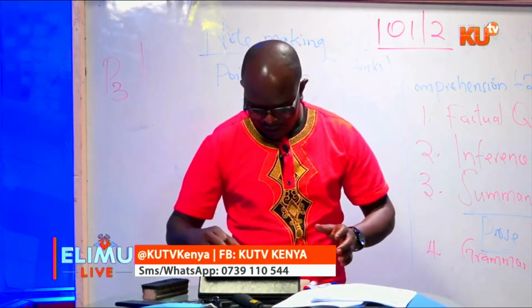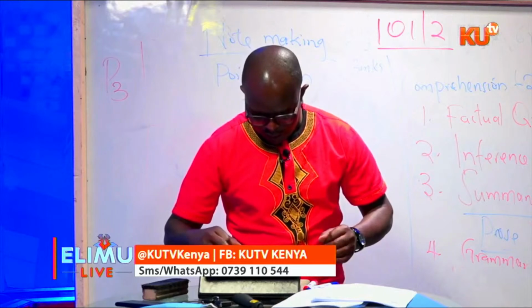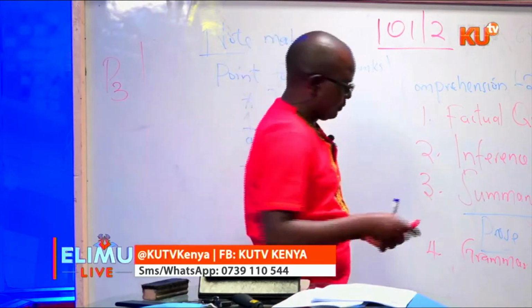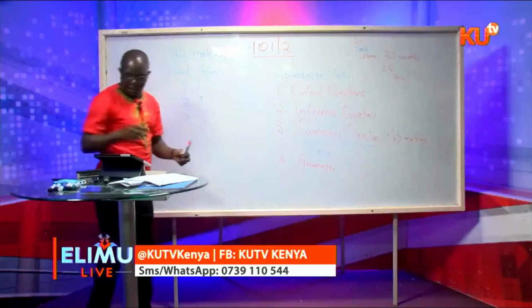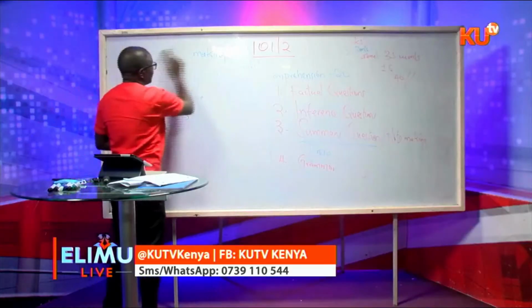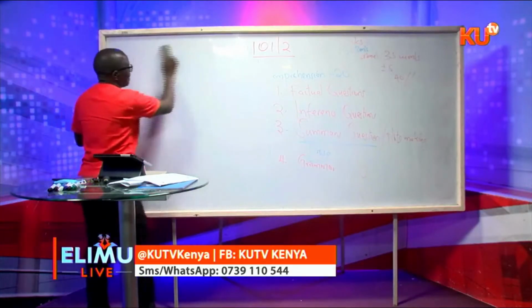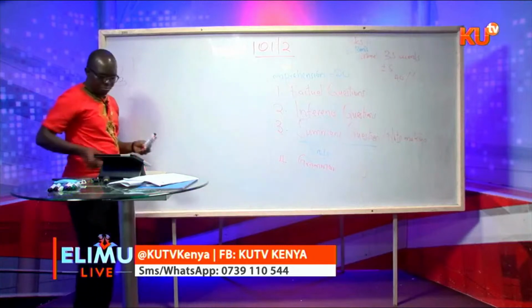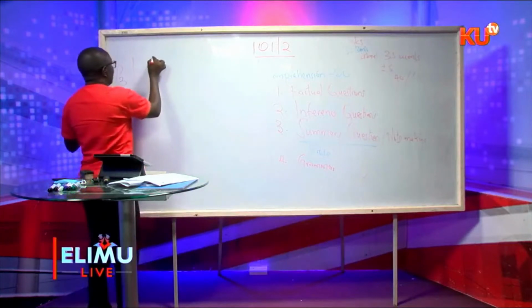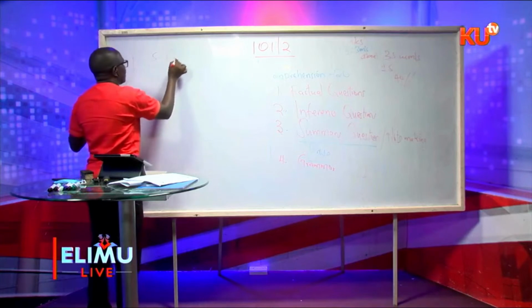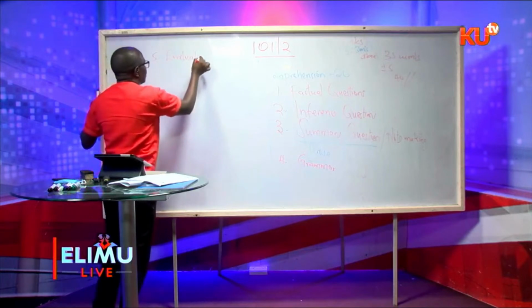The next thing that we want to focus on here is the question on evaluation. Again, that is the fifth type of question that is expected here. So the fifth one is evaluation questions.